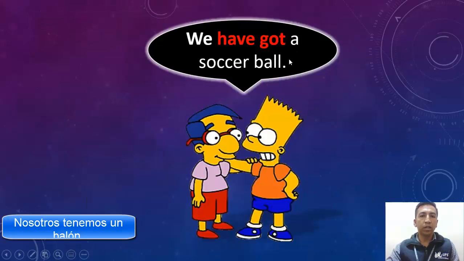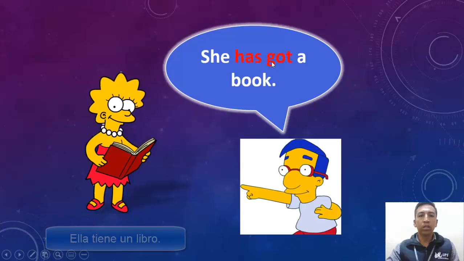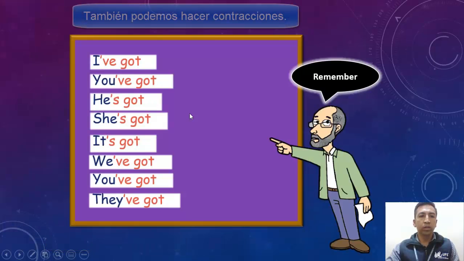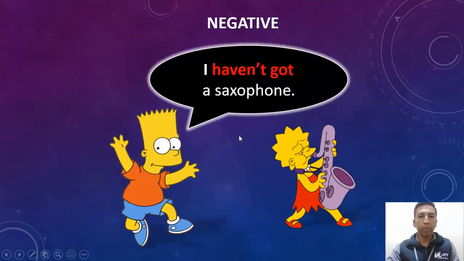We have got a soccer ball. She has got a book. We can also make contractions: I've got, you've got, he's got, she's got, it's got, we've got, you've got, and they've got.